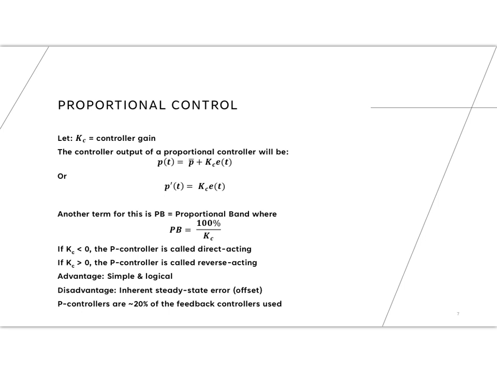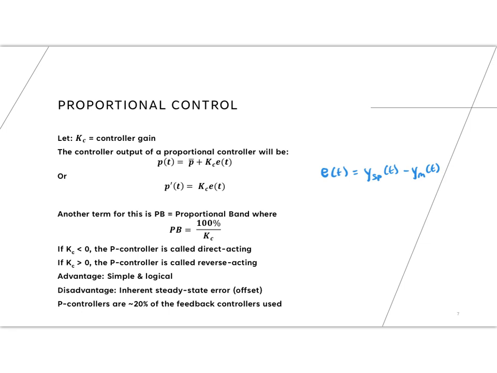Now, there is some vocabulary that's going to be important, and that's direct acting and reverse acting. When Kc is negative, the controller is called direct acting. If Kc is positive, it is reverse acting. Now, okay, why those choices? Recall that the error is the set point minus the measured value.